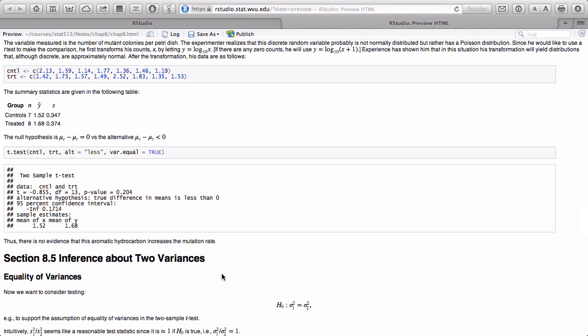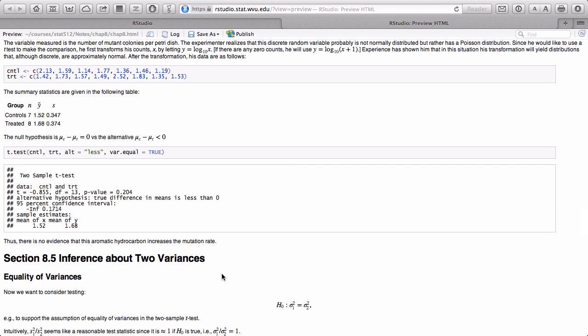And notice that, in fact, the mean of the control is less, but it's not enough less. In other words, the mean of the control is 1.52, and the mean of the treated is 1.68. So it is true that the controls have a lower mutation rate than the treated, but not enough to be significant. So that's our conclusion.